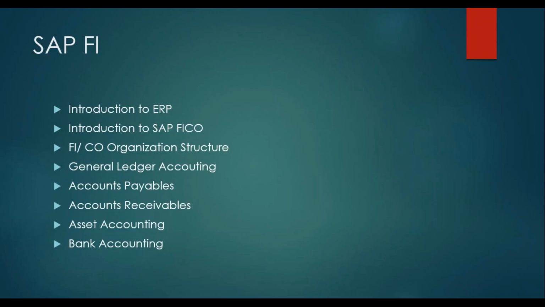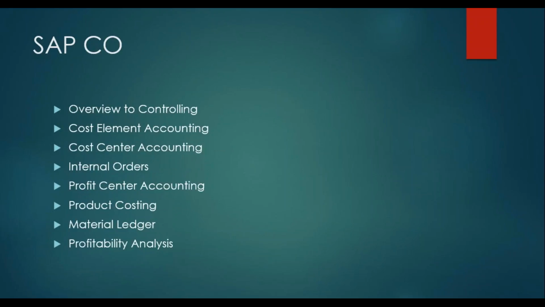Now, if you are already an SAP consultant, sometimes it happens that a consultant has been working for the last 3-4 years but is normally only an expert in SAP FI. As you can see, we are not only going to concentrate on FI, we are also going to talk about controlling in detail.